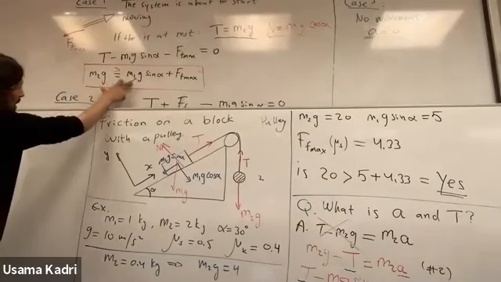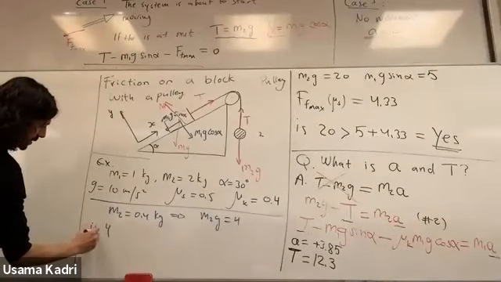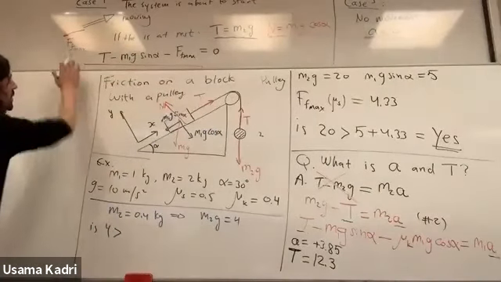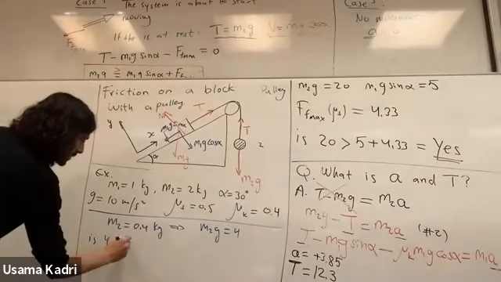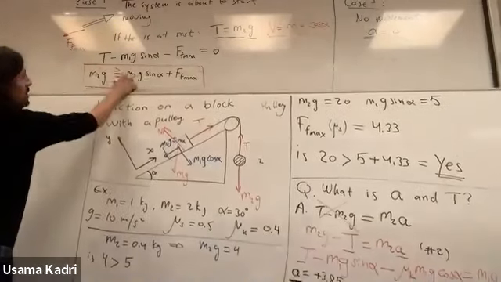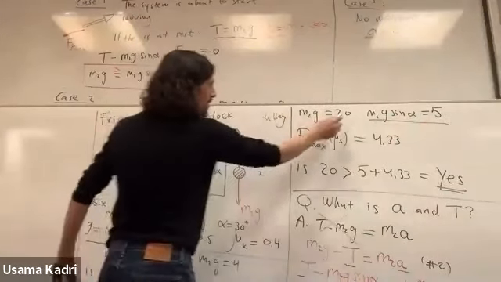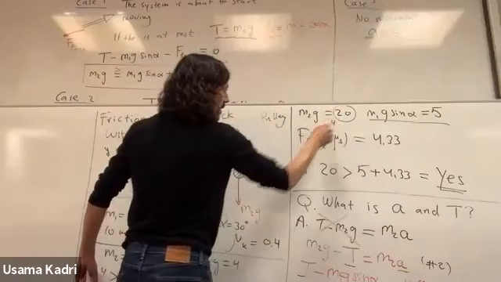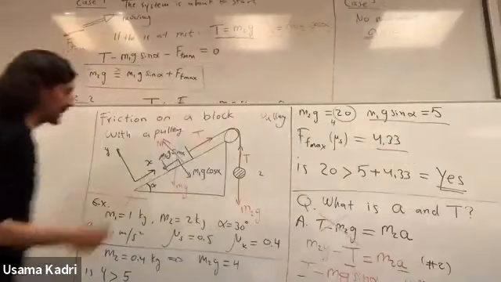Is 4 larger than, let's write it here, what was it? 5, right? This was 5, I wrote it somewhere here. This is still 5. We only changed this now. Now this is 4, and the rest is the same.